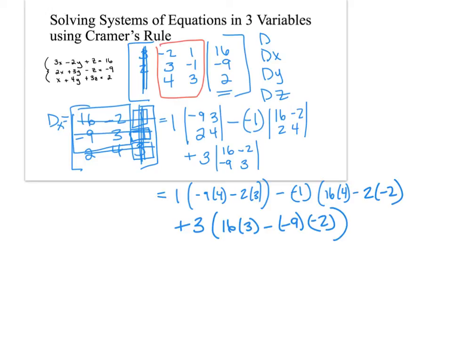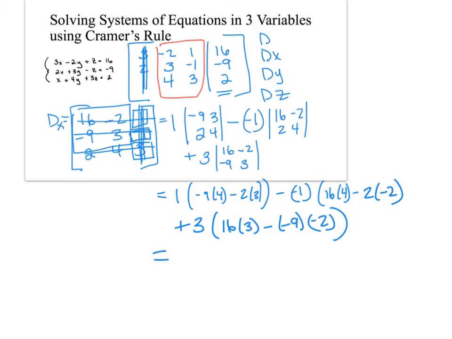Now just to save time, I've gone ahead and written out the determinants for the 2 by 2 in each of the cases of the minors. So we'll have 1 times the diagonal of -9 times 4 subtract 2 times 3, and then 16 times 4 subtract 2 times -2, and then this last one for 3 will be 16 times 3 subtract -2 times -9.